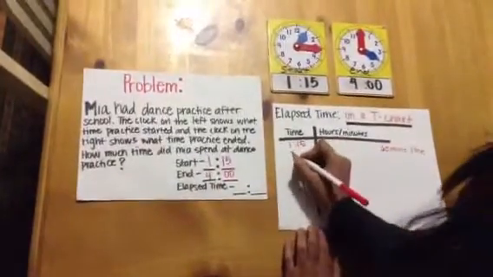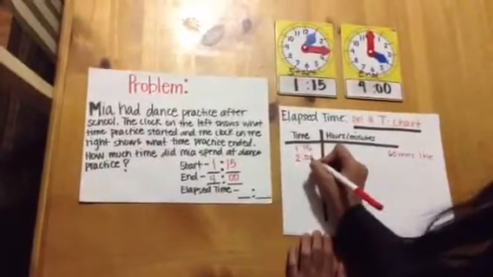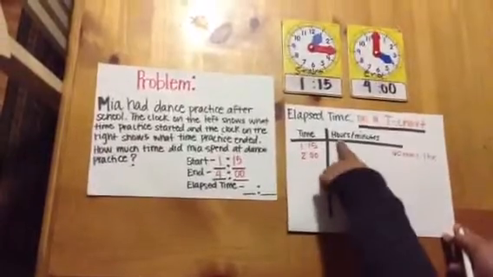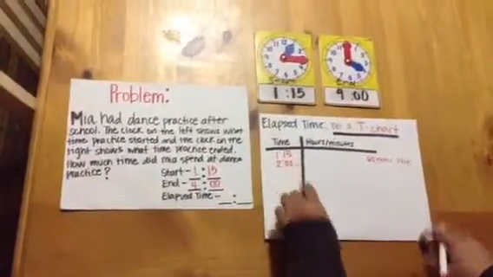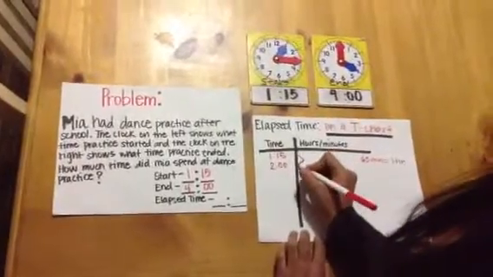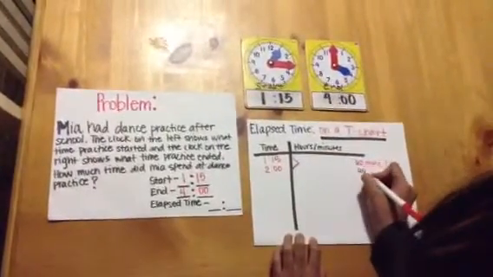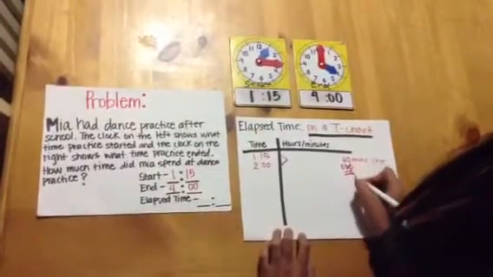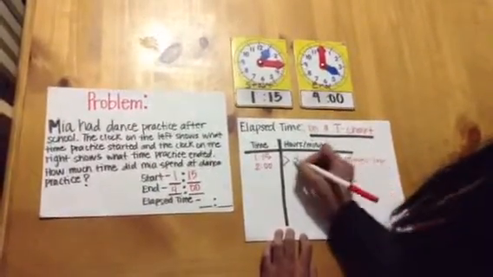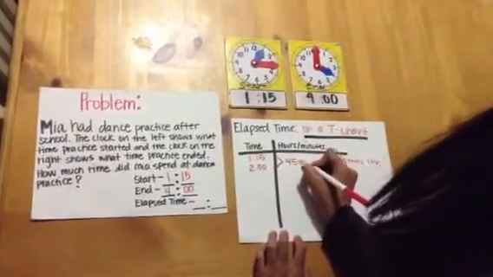So, go ahead and place the 2 o'clock slot. Now, how many hours and or minutes passed from 1:15 to 2 o'clock? My answer is 45 minutes.